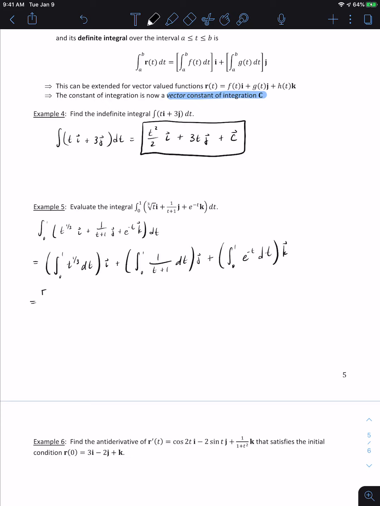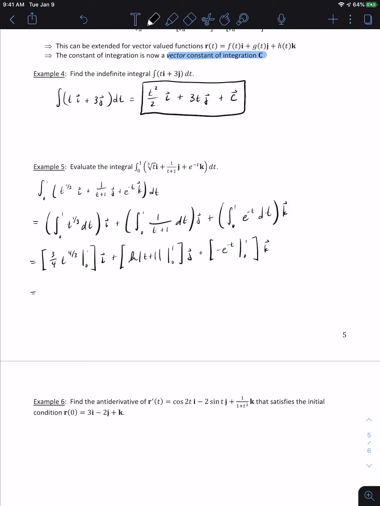Now I take the antiderivative. So 1/3 add 1 is 4/3, so I get 3/4 t to the 4/3, evaluated from 0 to 1, and I'm multiplying that times i. And then here, the antiderivative of 1 over t plus 1 is ln of the absolute value of t plus 1, evaluated from 0 to 1 times j, plus this is negative e to the negative t, evaluated from 0 to 1, multiplied times k.